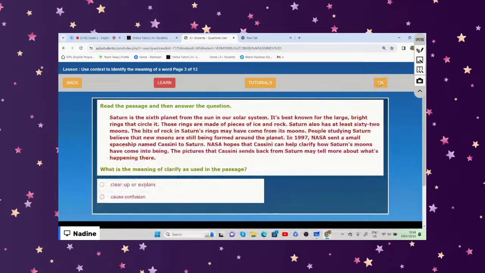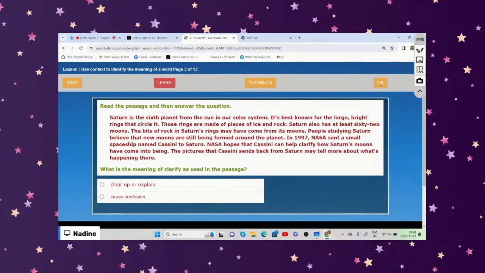Saturn is the sixth planet from the Sun in our solar system, and it's best known for the large bright rings that circle it. Those rings are made of pieces of ice and rock. Saturn also has at least 62 moons. The bits of rocks in Saturn's rings may have come from its moons.